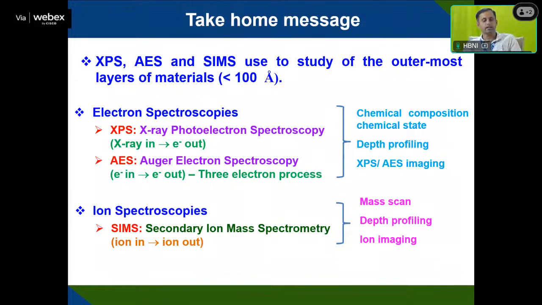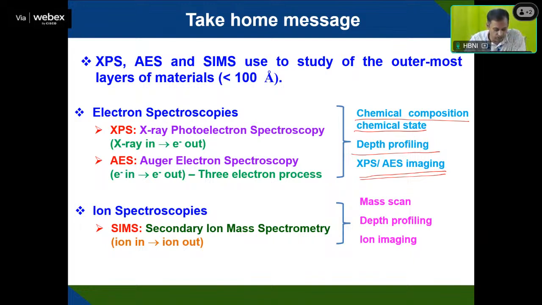So in today's class, we mainly discussed three surface techniques that study the outermost layer of the material, less than 100 angstrom. The electron spectroscopies, XPS and Auger electron spectroscopy, are mainly used for chemical composition analysis and chemical states. Depth profiling and imaging are also possible using these electron spectroscopic techniques.